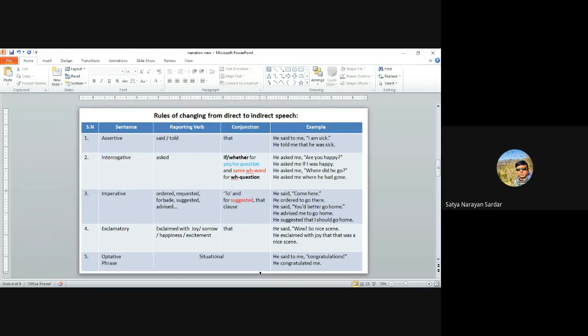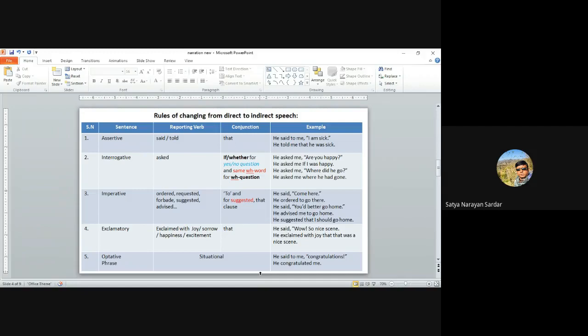That means it starts from a full stop, subject, and ends on a full stop. And when a statement is used inside the inverted commas, the reporting verb should come as said or told. After said, we don't need an object. When we write told, we need to keep an object. It is compulsory. The conjunction is that.